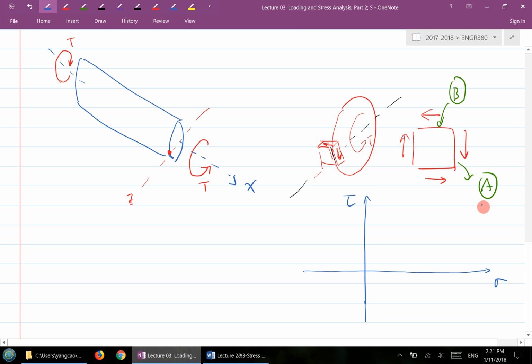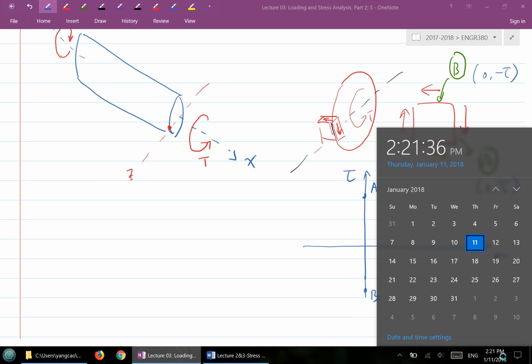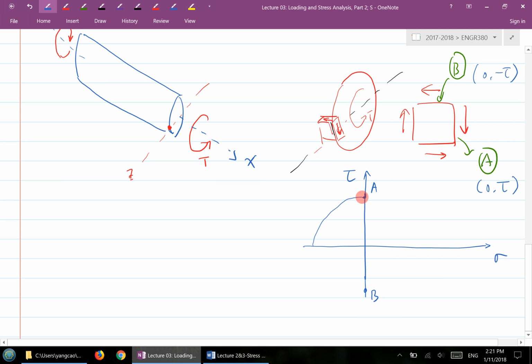So the A side has a 0 and a positive tau value here, and the B side has a 0 and a negative tau value here. Now find the coordinates for A and B. So here's A, here's B. Then finish this with a circle connecting them. So that's your Mohr's circle for this loading condition.